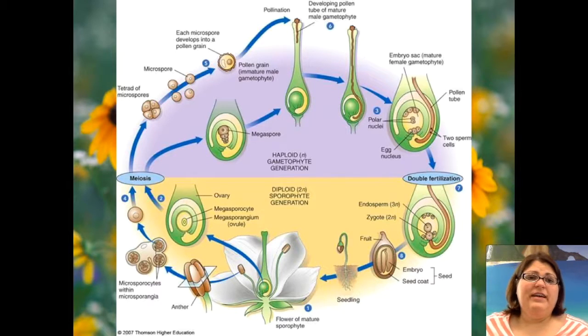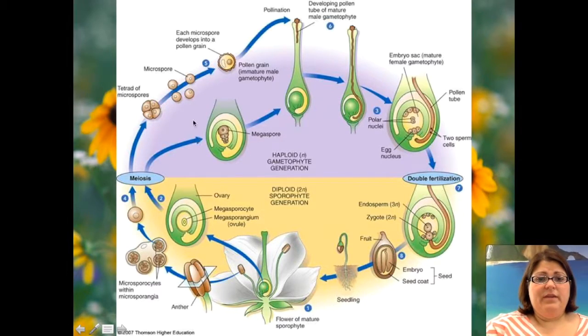Take a look at the life cycle. Once again, we have the microspore and the megaspore, the micro being the male and the mega being the female. In this case, the female is at the base of the female reproductive part, which is called the pistil.